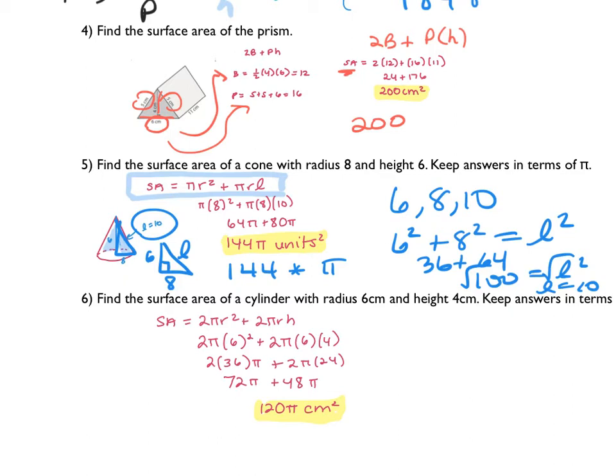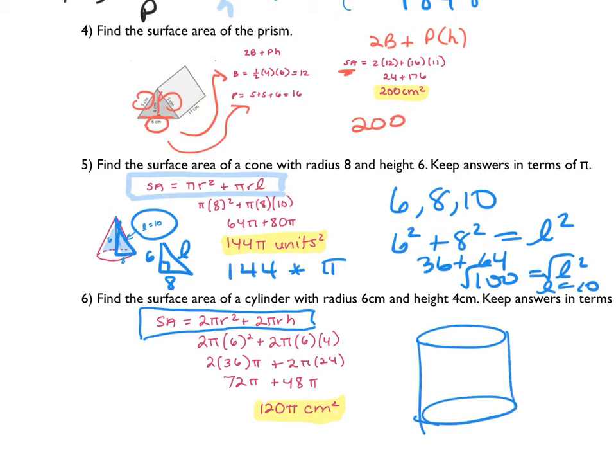Next one is asking you to find the surface area of a cylinder. So what's nice about the cylinder and the cone, it's a straightforward formula. When we have a cylinder, we have two circles. So that's why it's 2 times pi r squared. And then the lateral area is this 2 pi r height.